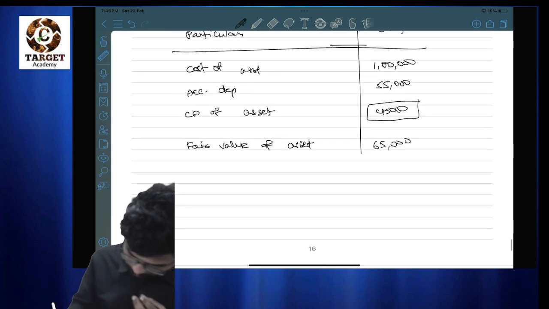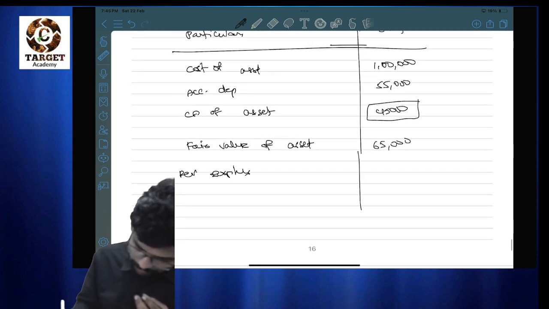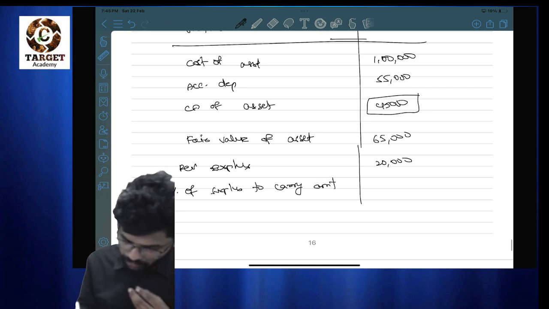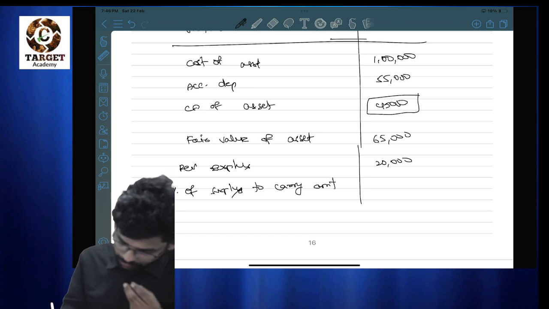How much amount of surplus? Revaluation surplus, how much? 20,000. Therefore, percentage of surplus to carrying amount, how much?